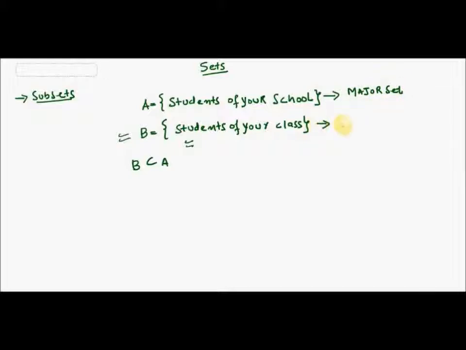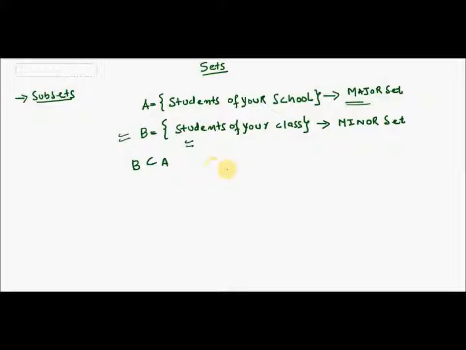And B is a minor set. Now what does this mean? By major set I mean that it will contain more elements than B.